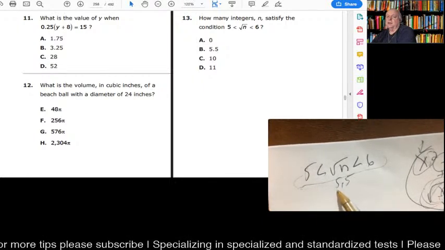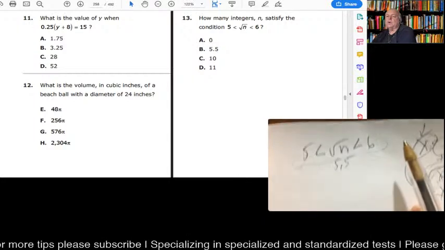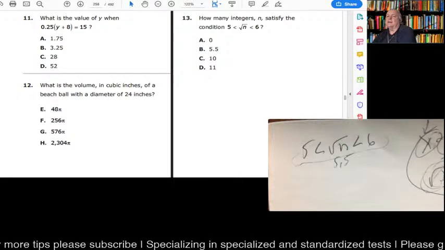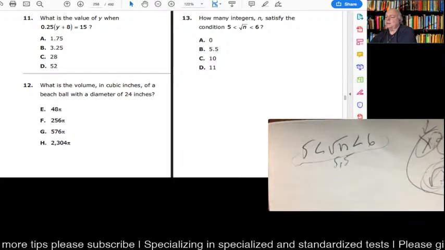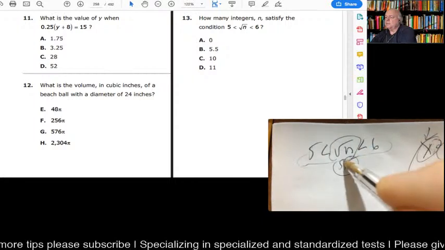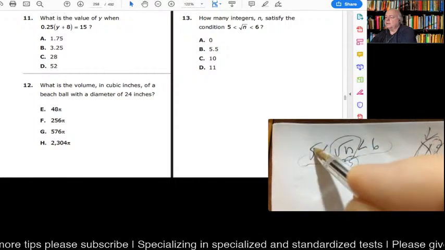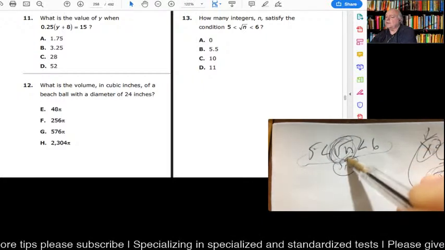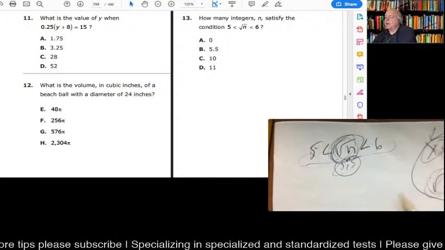So they're going to originally think B. But if you read the question, it doesn't say what is N. Because really, we're talking about 5.5 being the square root of N. Whatever this value becomes, not N, the square root of N, that would be 5.5.